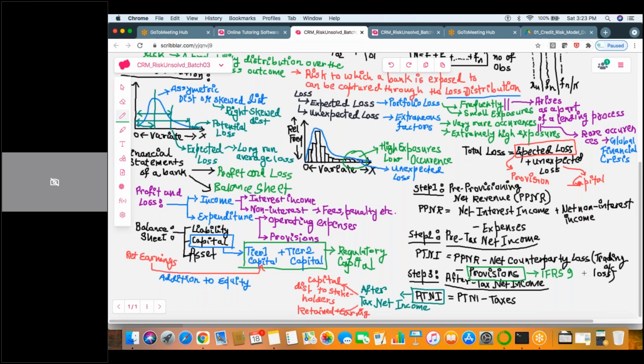And that's why IFRS 9, as I said at the beginning of the discussion, is actually a very important regulatory framework, right? So that is one very important part that we have over here. So Vishnu, up to this point, is it clear?